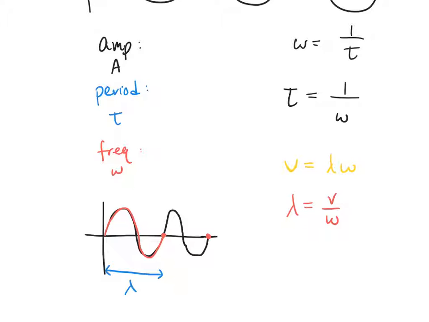If I measure from here to here, or from crest to crest, or from trough to trough, it's the same answer, assuming the wave is not changing in its frequency, assuming these vibrations or oscillations are not getting faster or slower. It can also be 2 times the length from the crest to the trough.